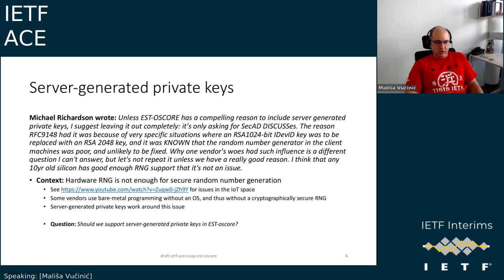But again, it's a larger issue. Without a random number generator, we won't get very far with other protocols that we are standardizing in this space either. So it's an issue that needs to be solved in the implementation at least.